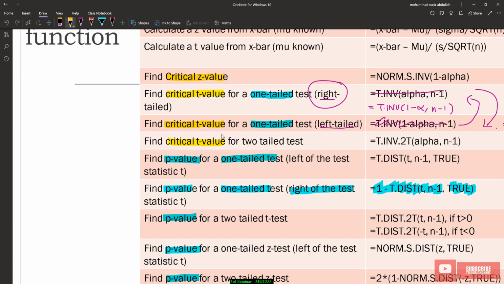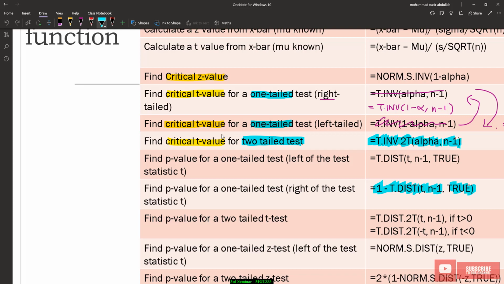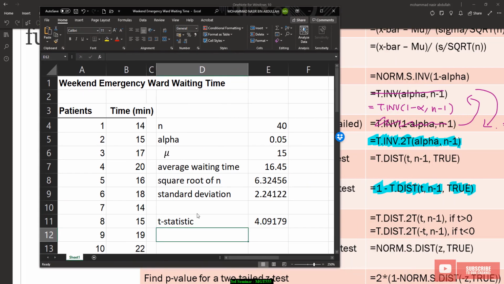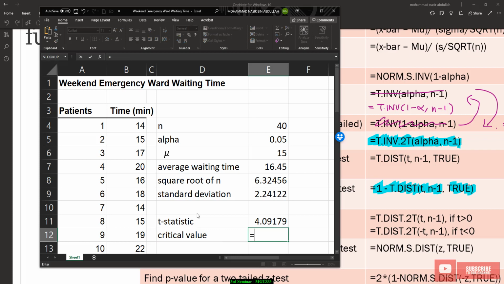So now, by looking at this formula, we are focusing on the critical value. Basically we are focusing more on the two-tailed test. For the two-tailed test, the formula would be T.INV.2T(alpha, n minus 1). So this is the formula for critical value. So now we just plug in the value. Critical value should be equal to T.INV.